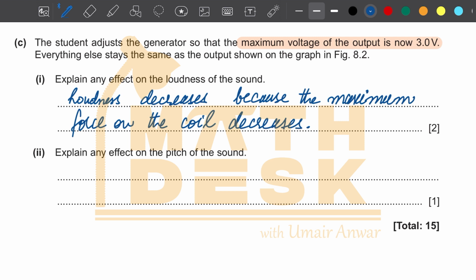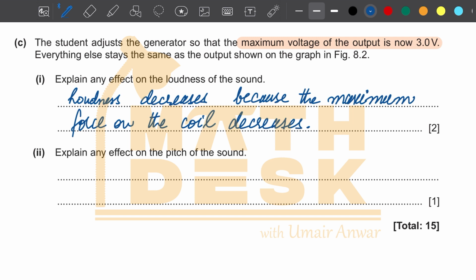So because of the decrease in the value of the EMF, the current is going to decrease, and the force which it was previously experiencing would also decrease, and that would decrease the loudness of the sound.